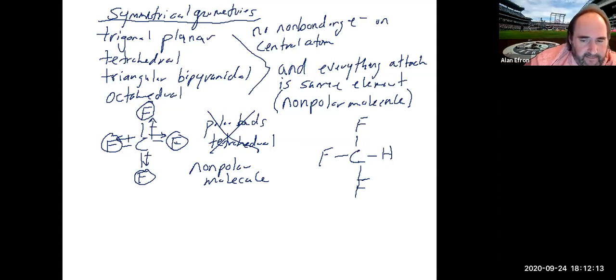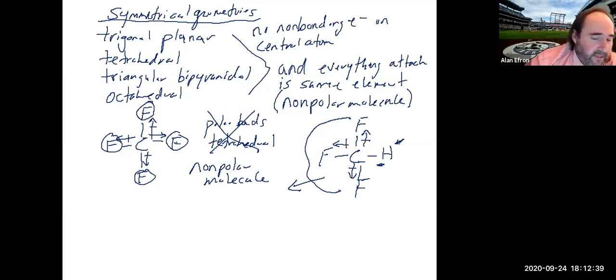I still have my polar bonds heading towards fluorine. Remember, based on electronegativity, technically speaking, this bond right here between carbon and hydrogen is nonpolar, right? So what we have now is 3 of these guys pulling this way, and this bond over here going, well, I'm not really pulling the other way.